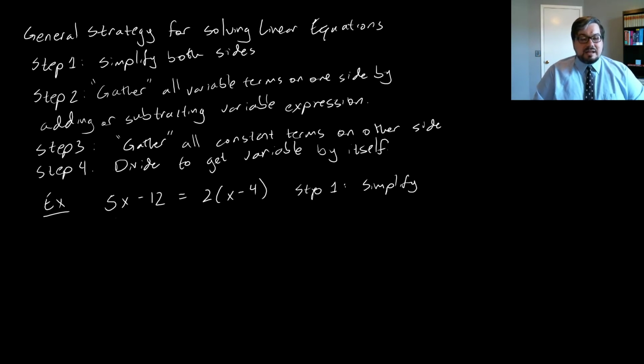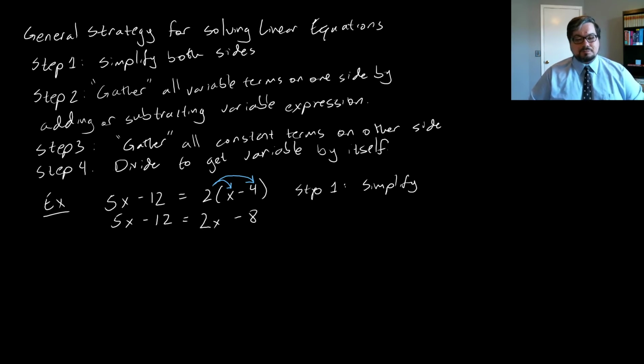Now the left-hand side of this equation is simplified. Nothing else we're going to do with that. The right-hand side does need one step to simplify it. We're going to take this 2 and distribute it through the expression it's multiplying by. So we've got 2x, then 2 times negative 4 is negative 8. So now we've got the new equation, 5x minus 12 is equal to 2x minus 8.